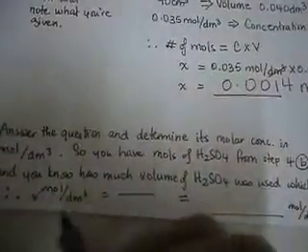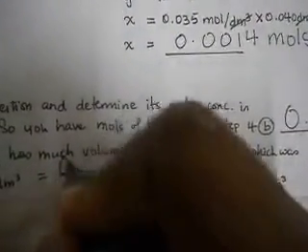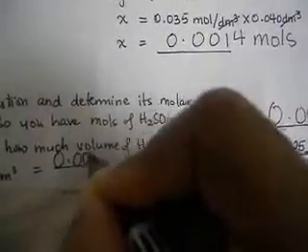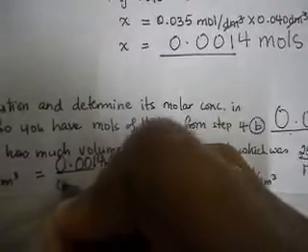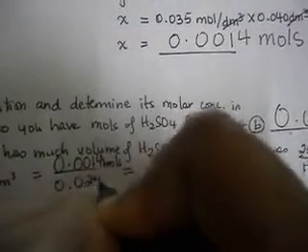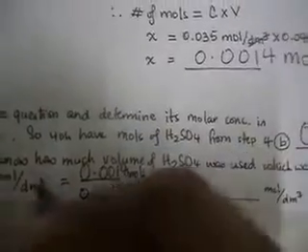And since you know the units of molar concentration, you have the moles, which is 0.0014 moles, and you have the volume 0.025 dm³. Do you notice something? Moles over volume. That's our answer right there.